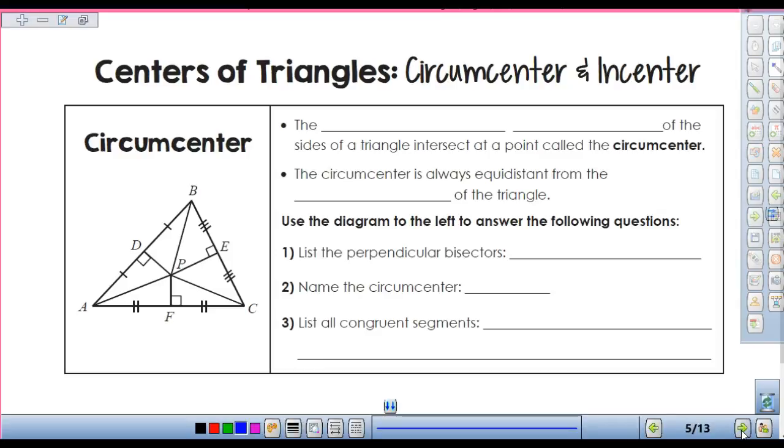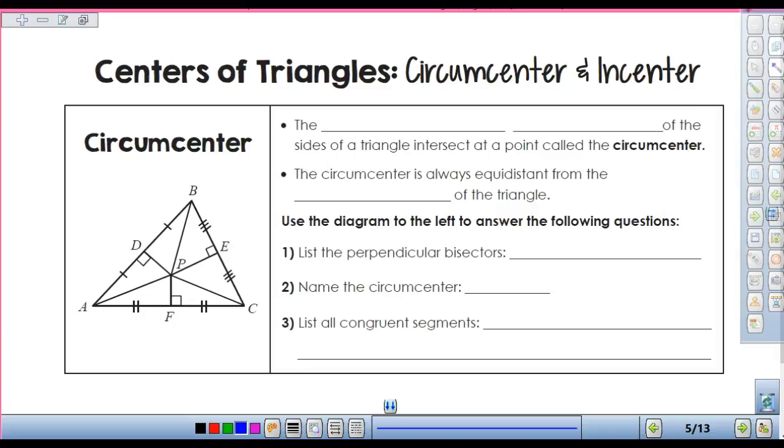All right, so your notes then are on page 10. So the first thing that we are talking about is called the circumcenter. Okay?